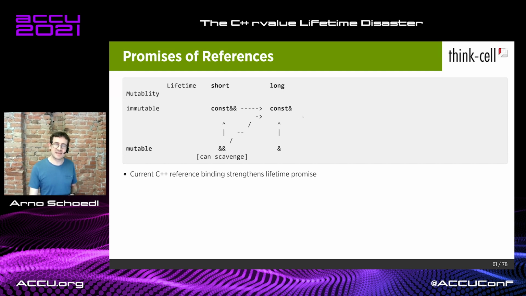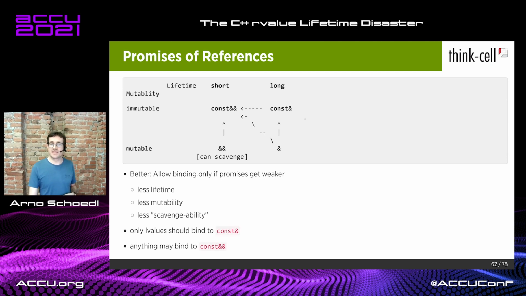And that doesn't make sense, right? What we really would want is this binding behavior. So you always go from long lifetime to short lifetime, so you don't promise more than you can deliver. And you go from mutable to immutable. Everyone who gets something mutable can always say, okay, it's immutable. It's not a problem. The opposite, of course, is a problem. But likewise is going from a short lifetime to a long lifetime. You have to go the other way around.